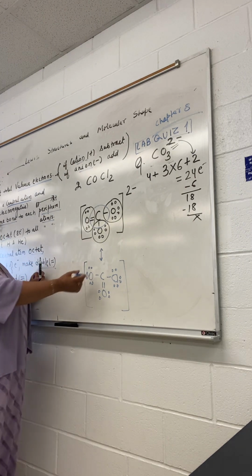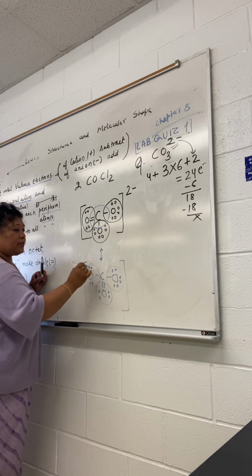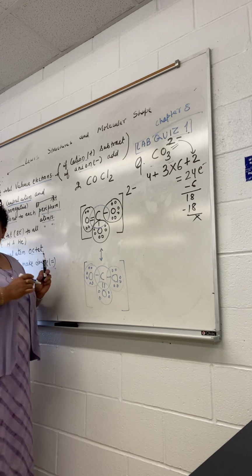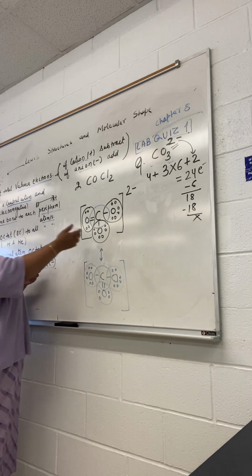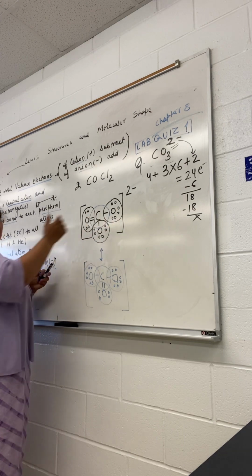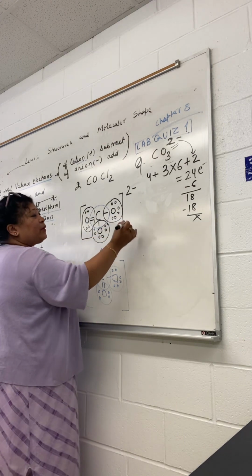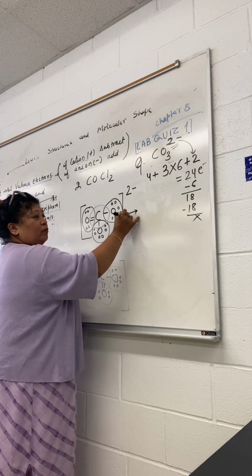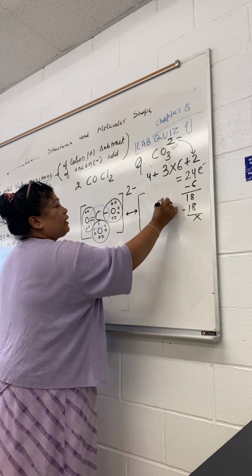That's fine. See, there's still 8, 8, 8, and 8, right? Also, what else is possible? This one is still willing, since it's the same oxygen atom, and the double bond can be with any one of them. So instead of that, we're going to make the double bond with this one now.